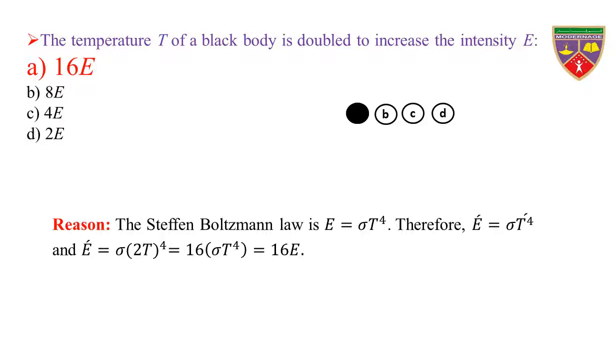Reason: the Stefan Boltzmann law is E is equal to sigma T power 4.